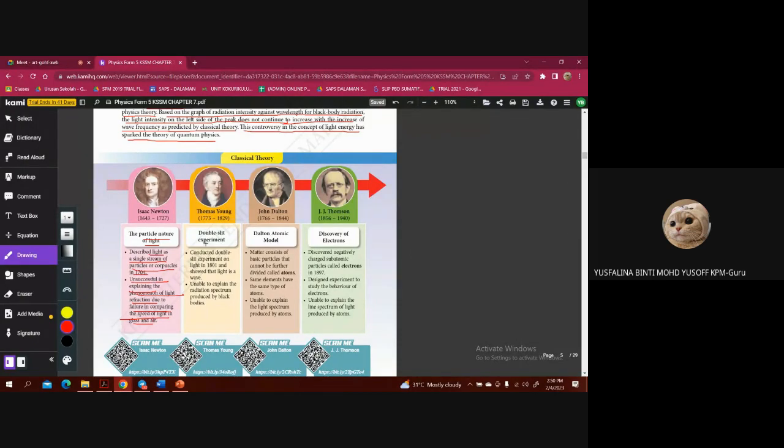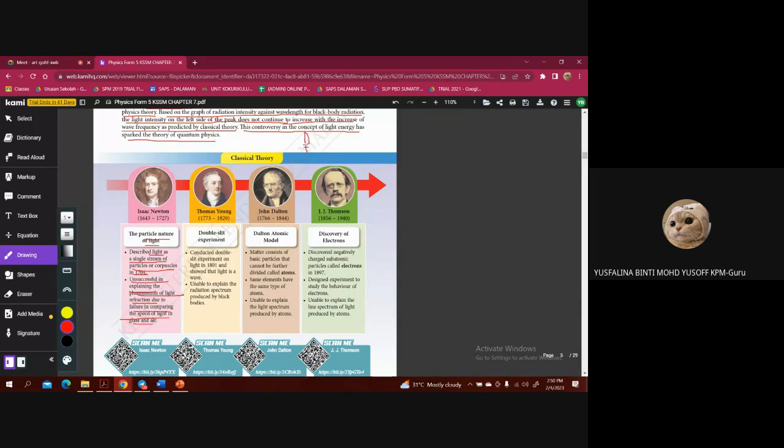Then Thomas Young, with the double slit experiment, which is about interference. They have two gaps there, and if you put two sources of water, this is the interference, if you still remember.